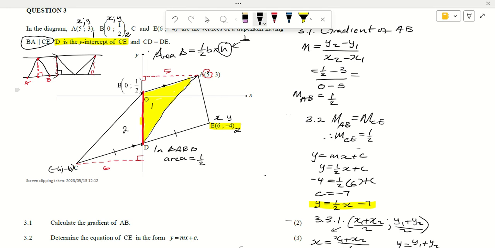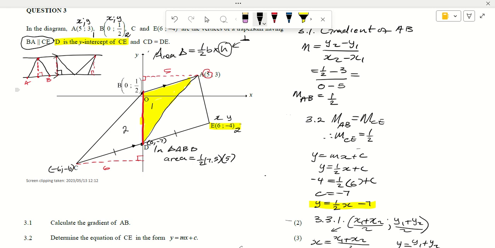Now the base, the coordinates of D are 0 and -7. So from the origin we've moved -7 units, and then from the origin we've moved half a unit in the other direction. So the length from B to D is going to be 7.5. And then the height of this triangle, the yellow triangle, is outside the triangle, which is 5.